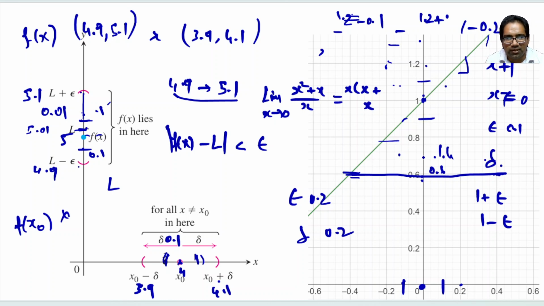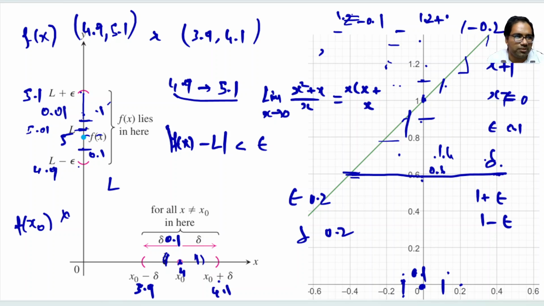So, for example, if I pick 1, then you give whatever epsilon. You'll say the graph should lie between 1.1 and 0.9, and I'll say, okay, this is the range. So your delta is 0.1 and x should lie between 0.9 and 1.1. So basically around 1, around the limit.